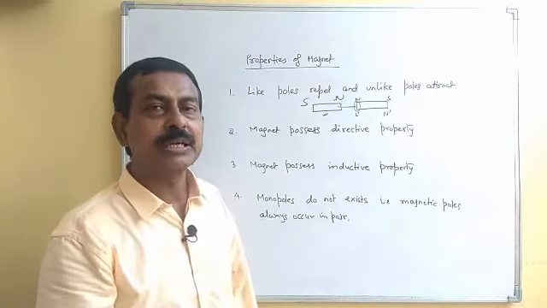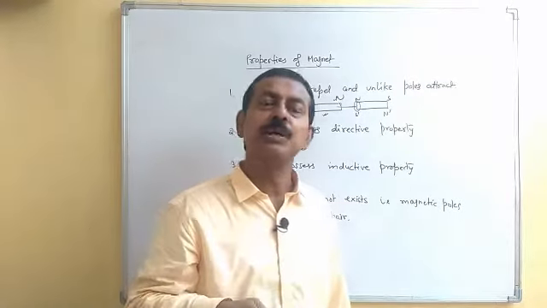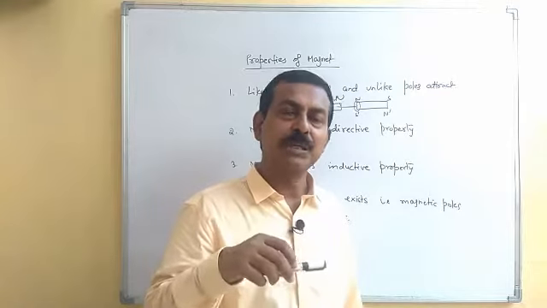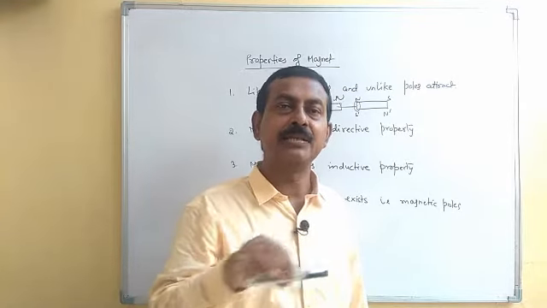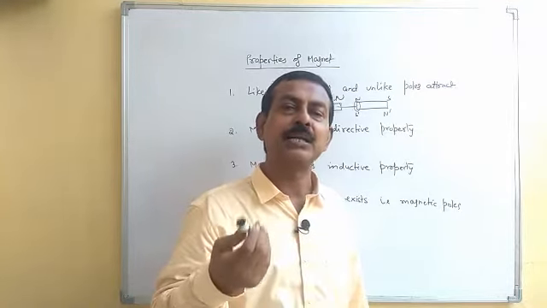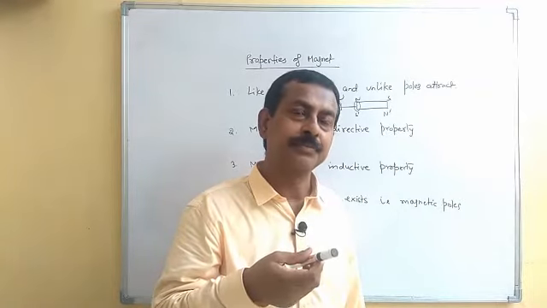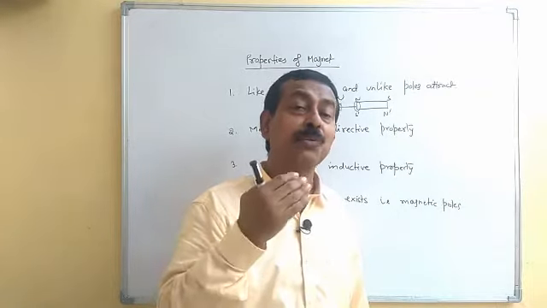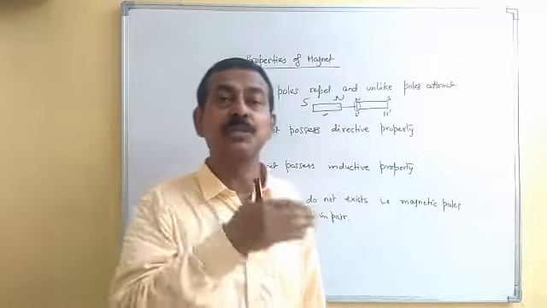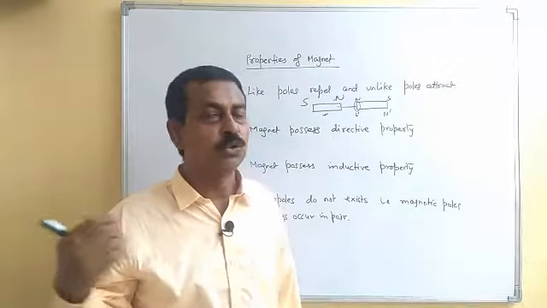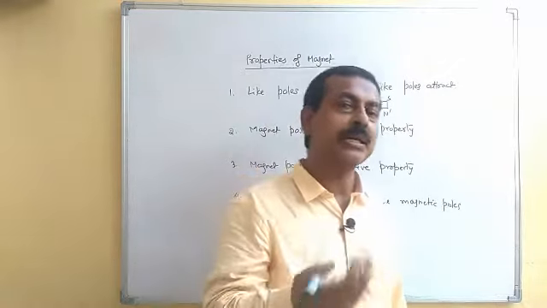One method is to suspend them freely. The magnet will get aligned in the north-south direction and the iron piece will get aligned in any direction. So if you are aware of which is the north-south direction at that particular place, you can easily say which is the magnet and which is the iron piece.